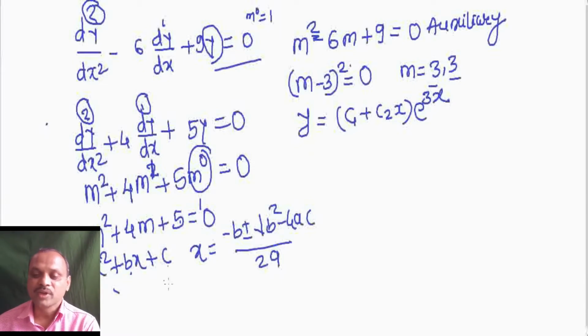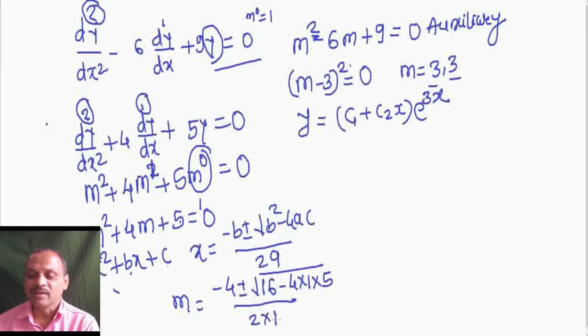So if we put in these values, we get -4 ± √(4² - 4 × 1 × 5), divided by 2 × 1.